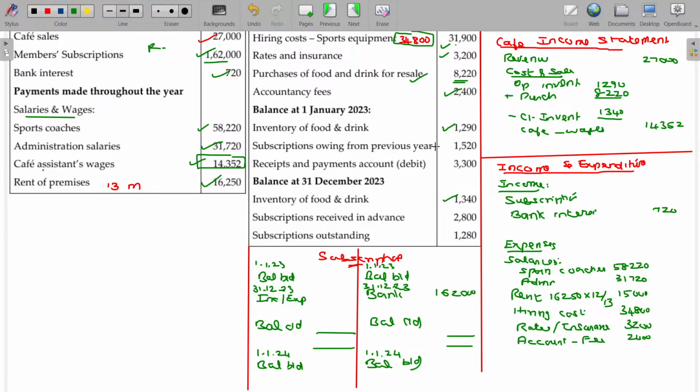Subscription owing from previous year. Outstanding of the previous year. Outstanding being your asset, advance being your liabilities. So here we have been given subscription owing 1,520. Outstanding 1,520.